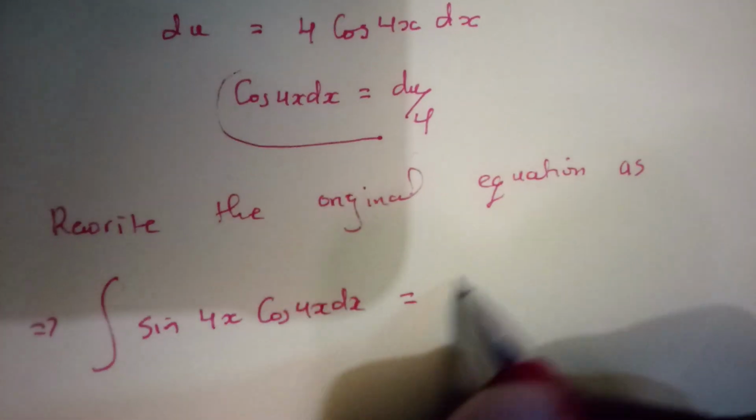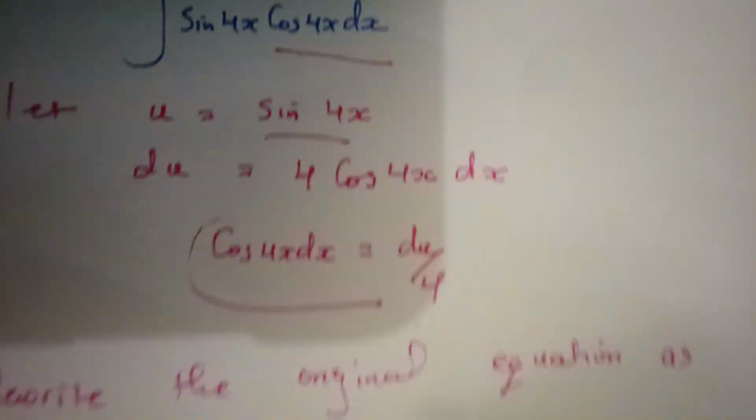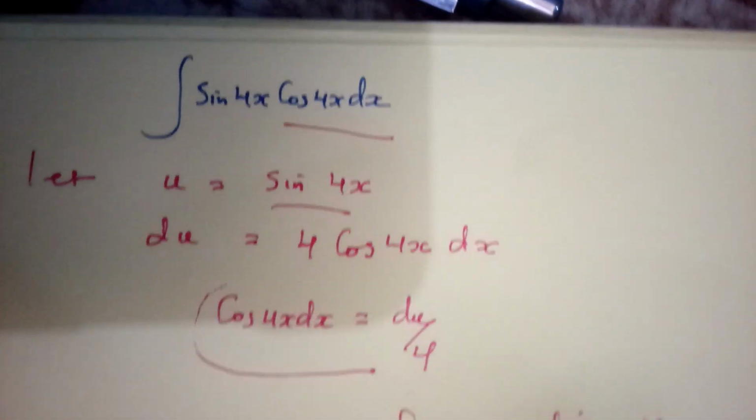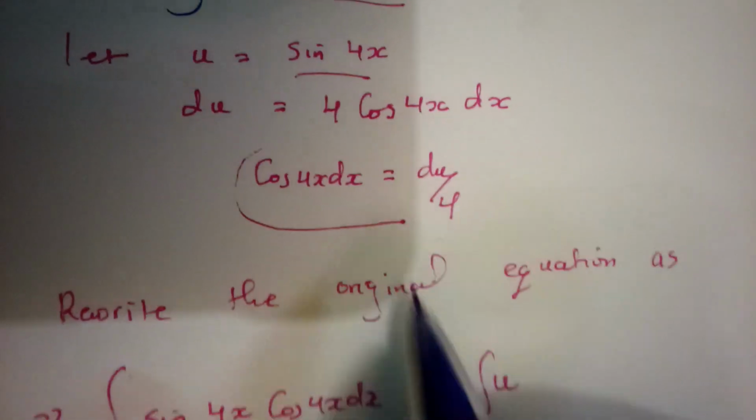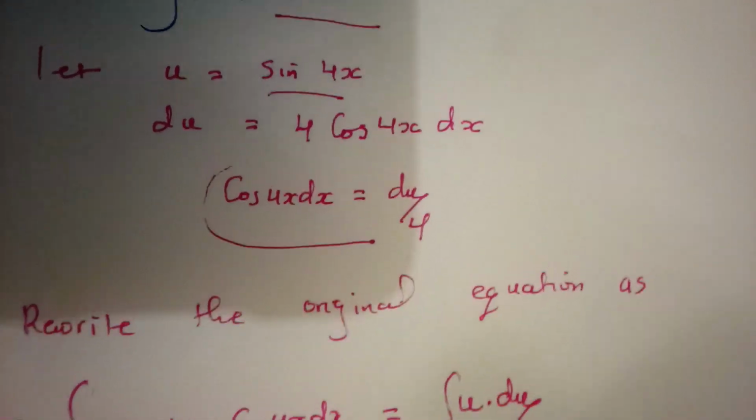Now this will be written as, instead of sine 4x we write u, because sine 4x is u, and then cos 4x dx will be du over 4.